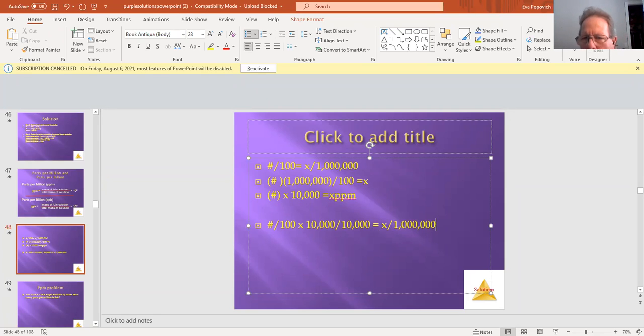Bottom line, either way you look at this, first you have to convert the percentage to a fraction. So divide the percentage number by 100. Then once you get the decimal value, you multiply that by 1 million and you will get the parts per million.